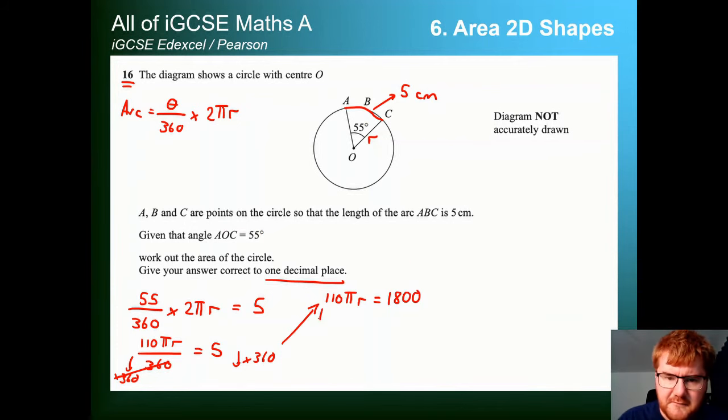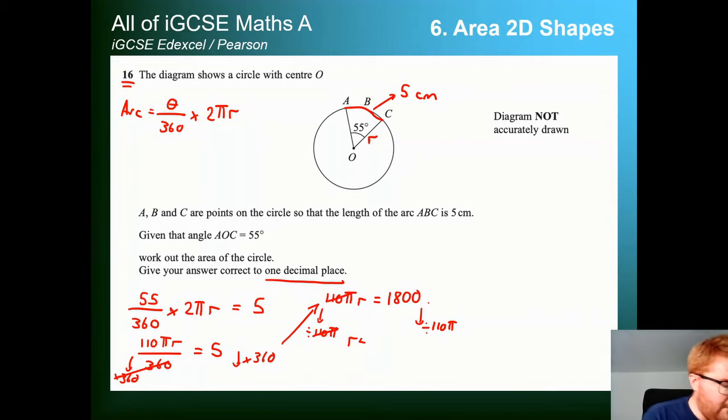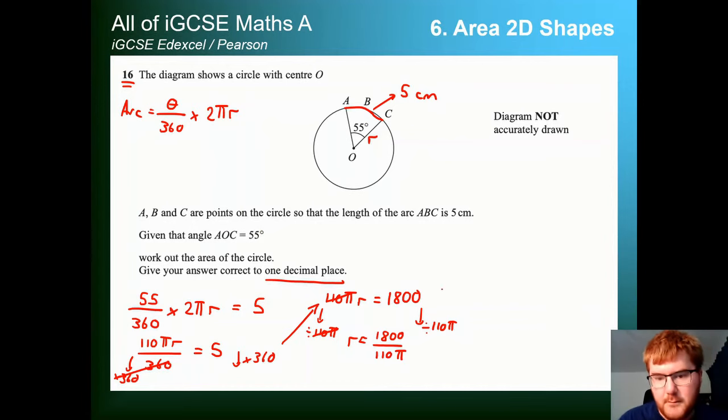And then we want to divide by 110 pi on both sides. This cancels, leaving us with the radius, 1,800 by 110. So we can kind of leave this anyway as 1,800 over 110 pi.